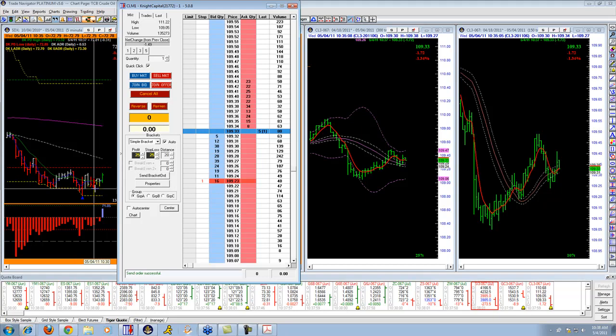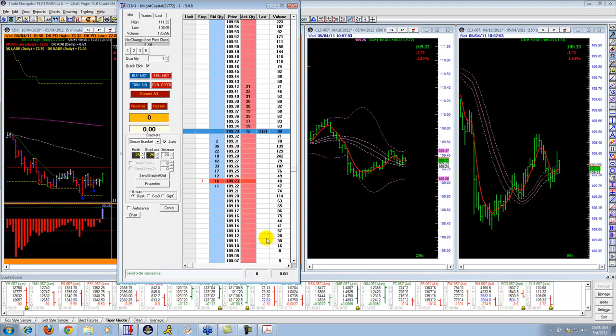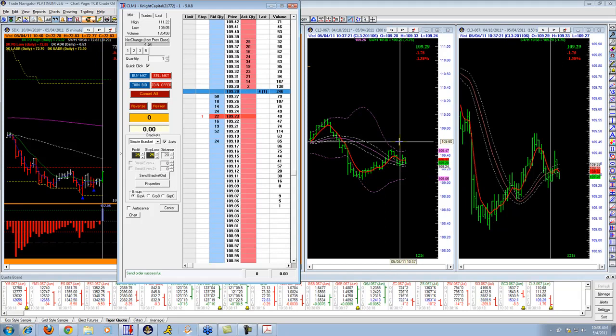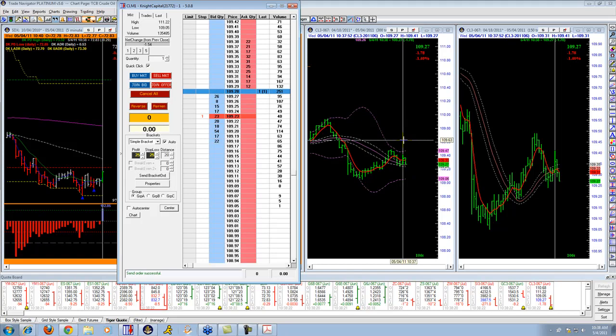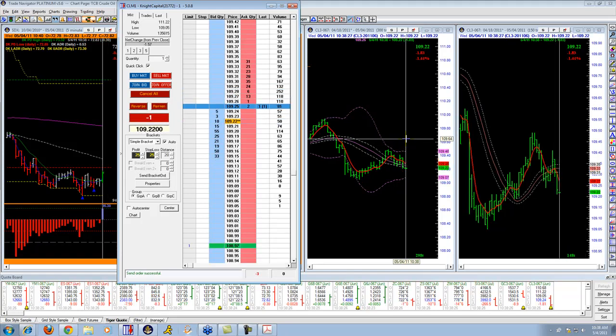Dollar index coming off its lows. Looking for 25 ticks from 109.23. In at 22.